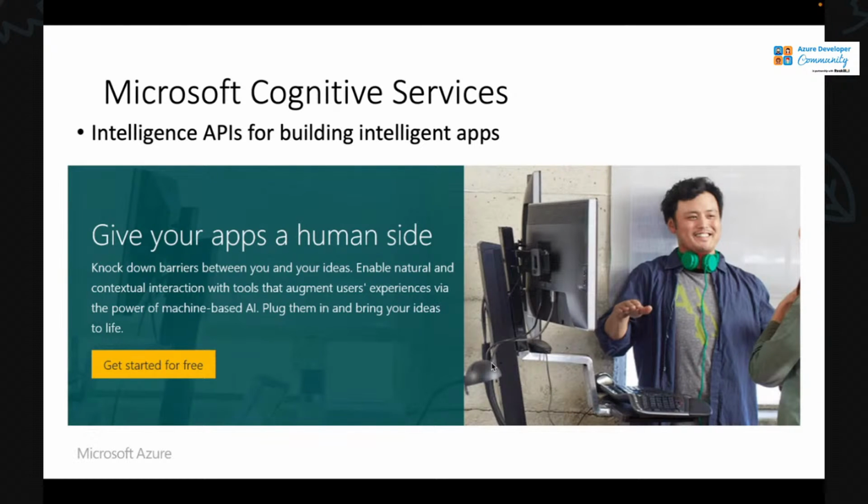So let's try to understand what they actually say. It knocks down the barriers between you and an idea. If you have an idea that you want to implement, and it requires some intelligence in your applications, you should be concentrating on your business applications rather than on the core tech. The core tech is brought to you by Microsoft Azure, and it enables natural and contextual interaction between tools.